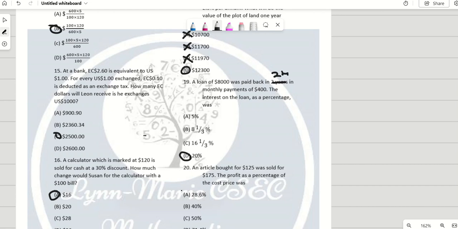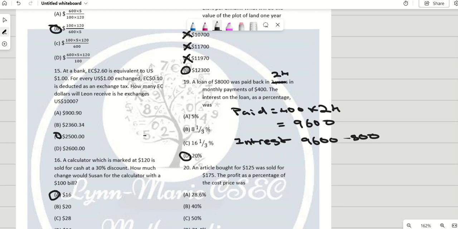See how much he paid the bank. He paid the bank 400 for every month for 24 months. So that's 400 multiplied by 24, which is 9,600. So his interest would be 9,600 minus 8,000, which is 1,600.